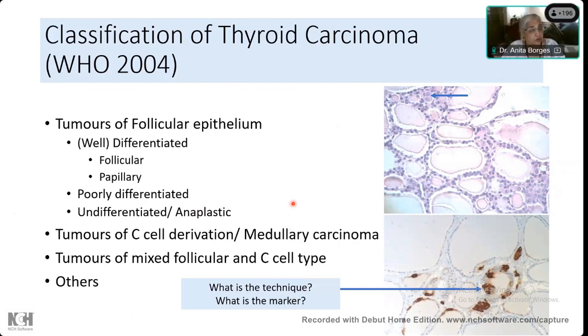Yes. So it could be any of the markers that you use for neuroendocrine cells. And the two most common markers are synaptophysin and chromogranin. They will mark any neuroendocrine cells. And if you want to mark the C cells specifically, then you have to use calcitonin.